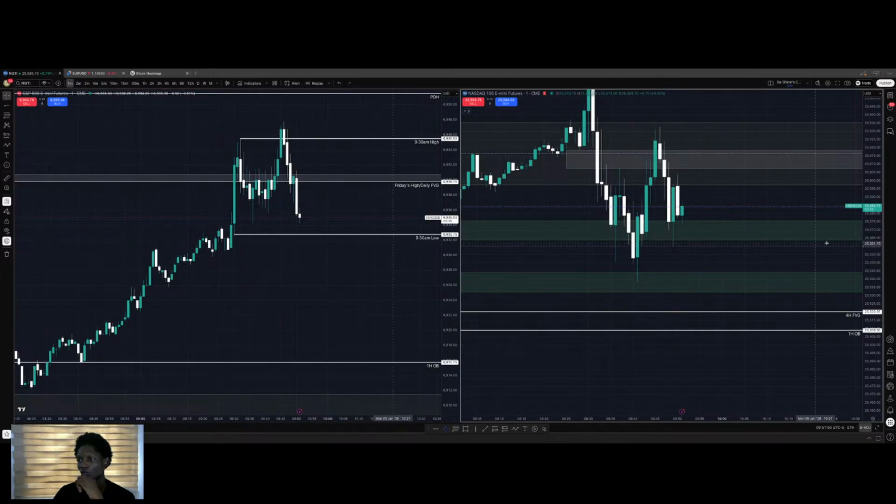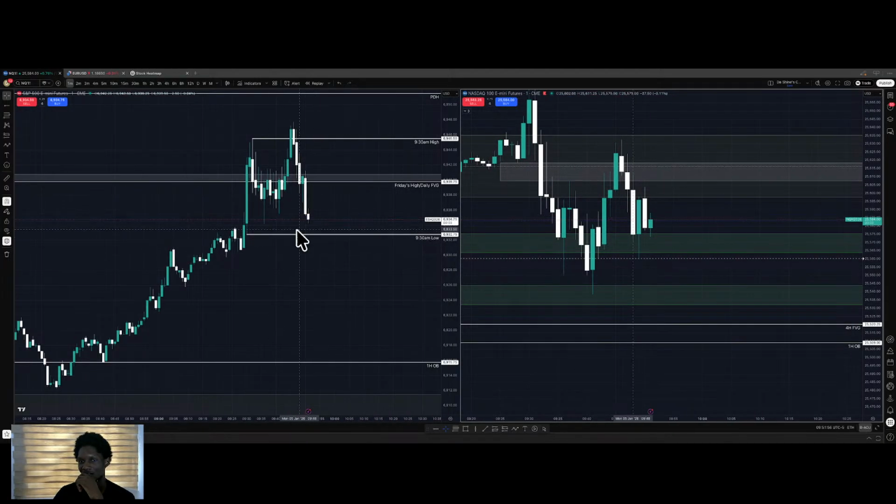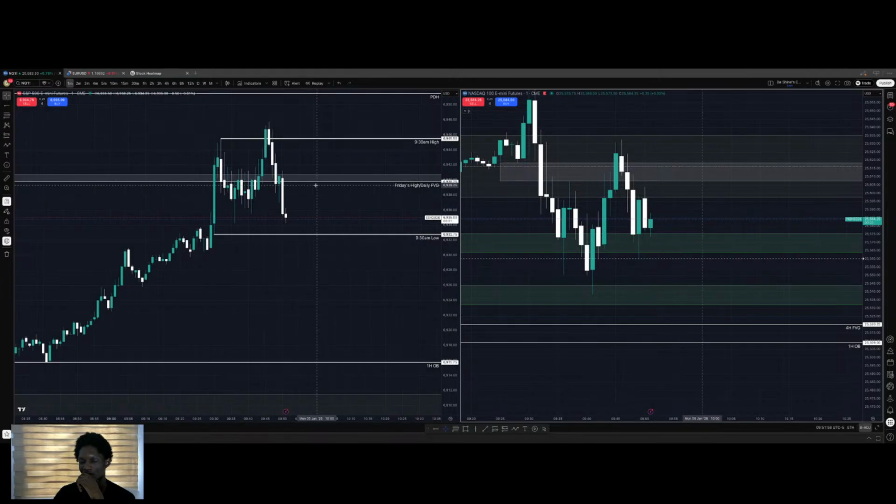So NQ went from being the weaker one to ES. Now see ES is close to the 9:30 a.m. ES is moving proper inverted. Then look at NQ.